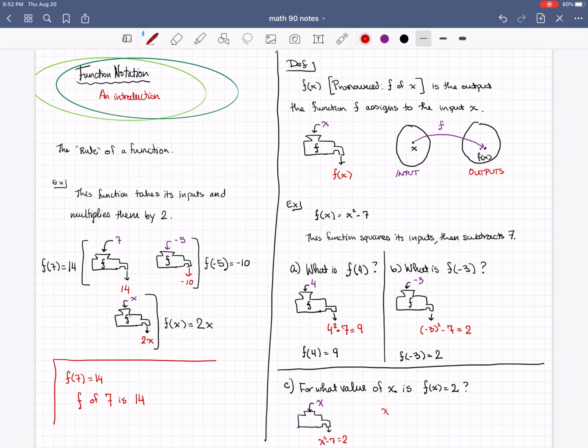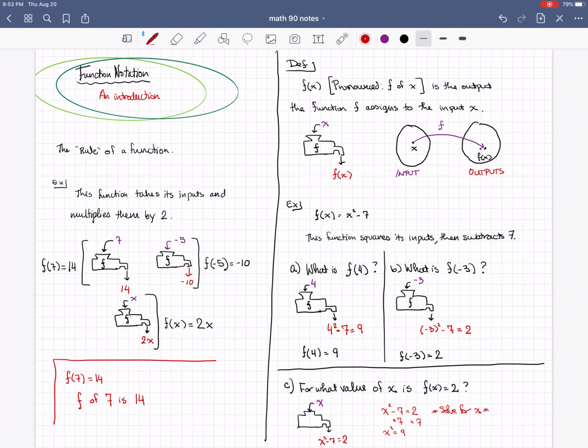So what we're doing here is we're solving this for x. I hope that your homework 1 practices have helped you here. So you could either subtract 2 from both sides and factor, or you could add 7 to both sides, and you get x squared is equal to 9.